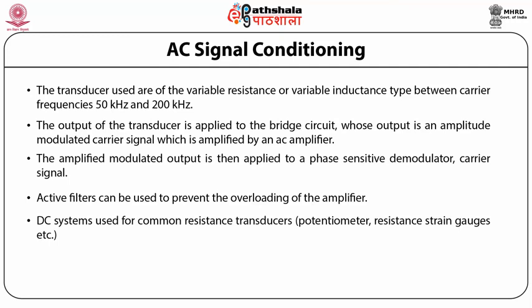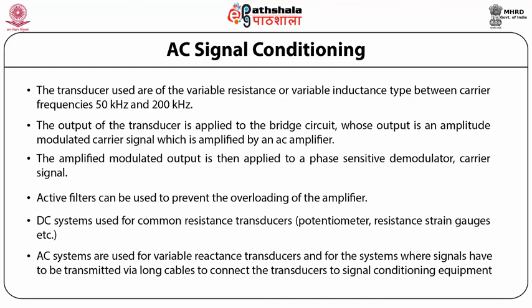DC systems used for common resistance transducers, potentiometer, resistance strain gauges, etc. AC systems are used for variable reactance transducers and for the systems where signals have to be transmitted via long cables to connect the transducers to a signal conditioning equipment.